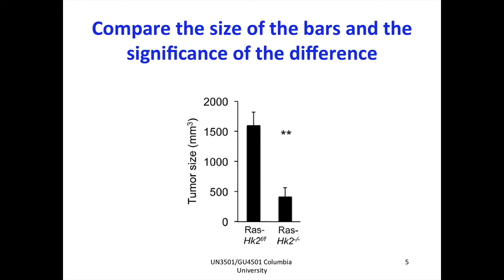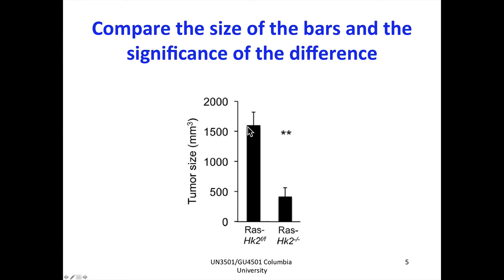And then again, we can just look at another example. So hexokinase 2 null cells versus the hexokinase 2 floxed cells, in other words, the ones that have hexokinase 2. What about tumor size? The tumors derived from the hexokinase 2 null cells are quite a bit smaller. It's 400 or so cubic millimeters versus over 1,500 cubic millimeters.